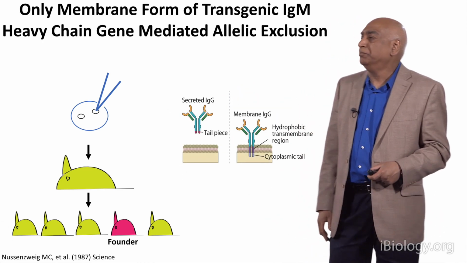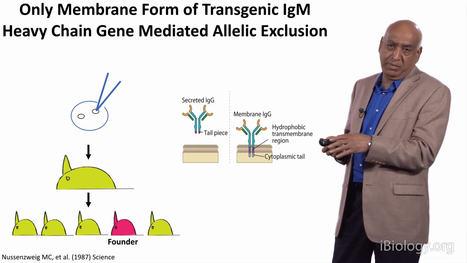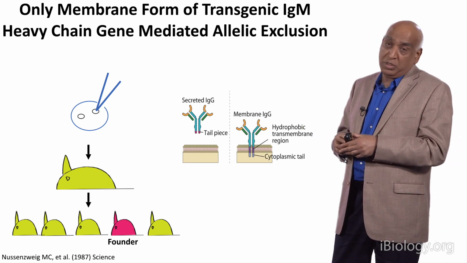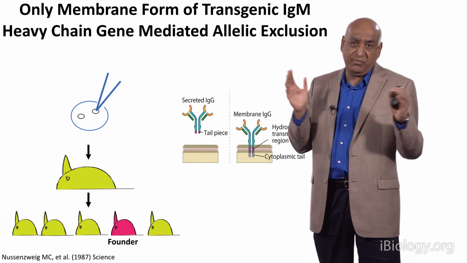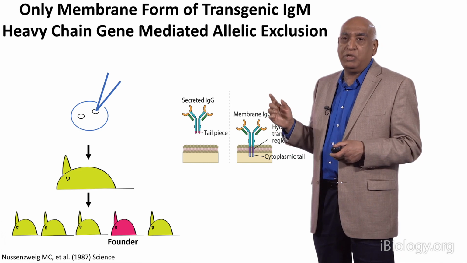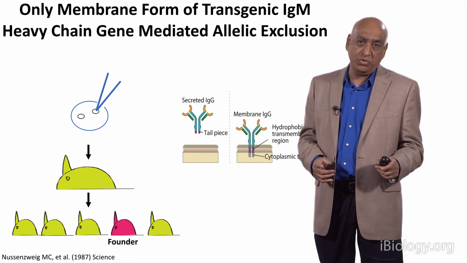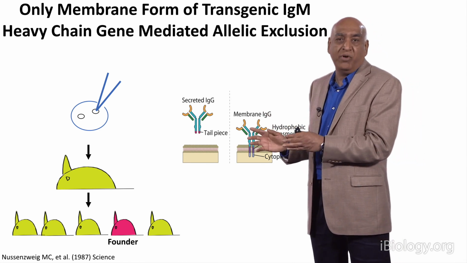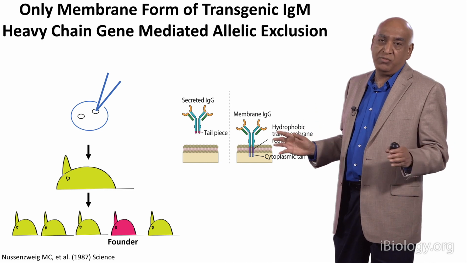Okay? So another experiment was done. This was from Phil Leder's lab by Michel Nussenzweig, where they put in only the membrane form of the heavy chain gene. Okay? After these first experiments had been done, when you just put in the membrane form of the heavy chain gene, again you got allelic exclusion. If you put in the secreted form, the one that doesn't function as a receptor, it did not give you allelic exclusion.